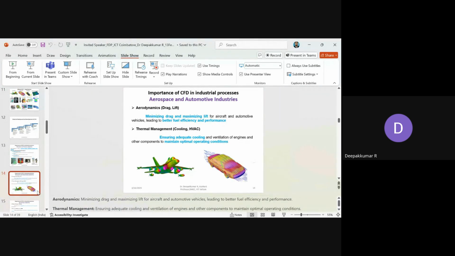So effective cooling is another key research area in using CFD. What kind of cooling system will be very efficient for the better operation of a particular system called the engine, and that is applicable for any kind of automobile.